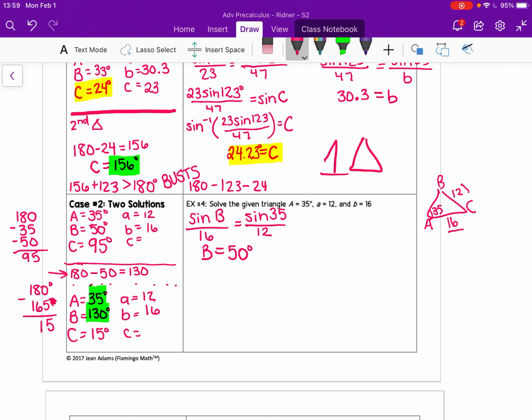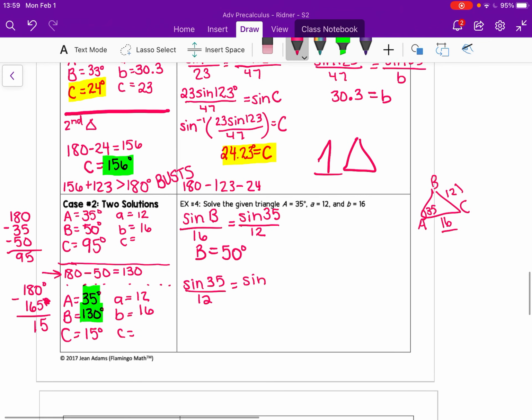So now I have two little c's to solve for, and I would do that the same way that I did my entire last assignment. So sine big A, whoops, let's not put A because we know that A is 35, over 12 equals sine 95 over c.